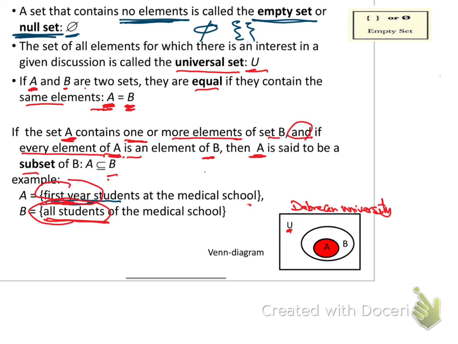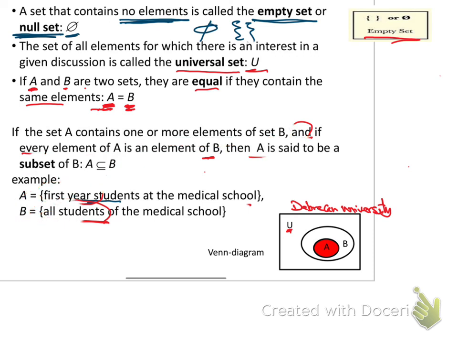So there are two conditions here: all the elements here are in B, but A must have one or more, 1 or 2 or 3 or 100 or thousands of elements which are common. Why are they putting this condition? Because they don't want to talk about empty sets. A might be an empty set, and if A is an empty set, I cannot say that A is a subset of B. That's why it must contain one or more elements.